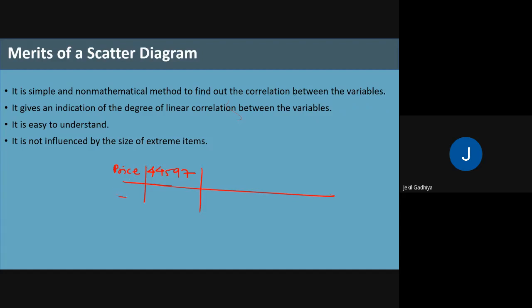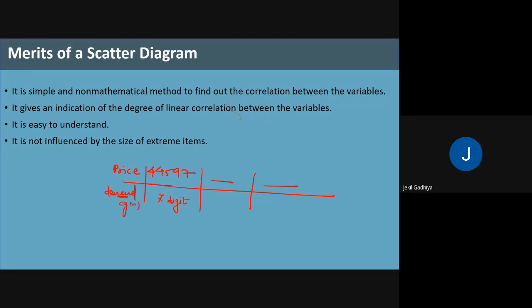Let me say demand. Okay, so for 44,597, the next value is in 5 digits, the next value is in 5 digits, and suppose here the values are in 7 digits. Okay, we consider it is in grams, that's why it's in 7 digits.